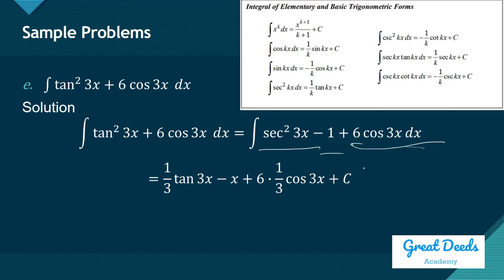And then the integral of cosine of 3x is 1/3 times, okay, so this is wrong. This should be sine of 3x. I'm sorry. And so what we have here is 6 divided by 3 is 2. And then let us correct this. This should be sine of 3x plus c.